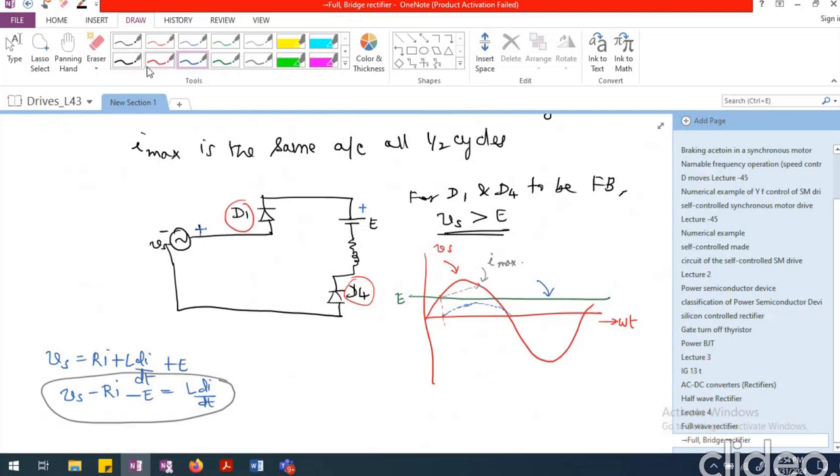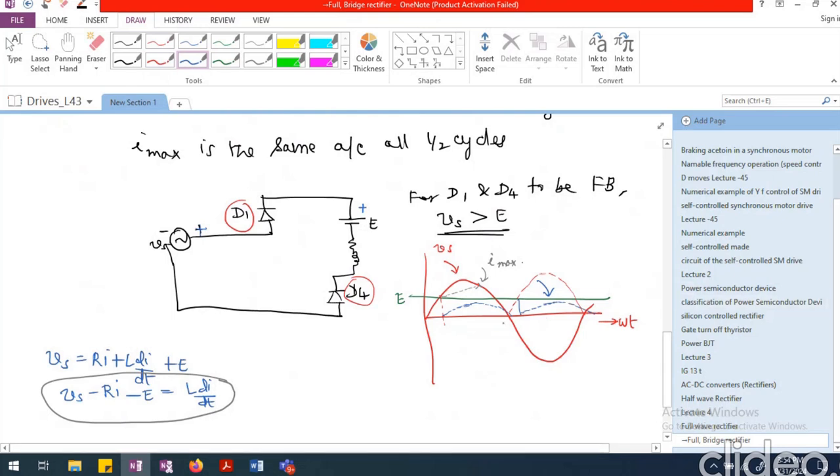So the same thing will hold good if I try to look at again the negative half cycle. Because the current has gone down to 0, again the current can start only from this point. So it may go like this and come down like this.